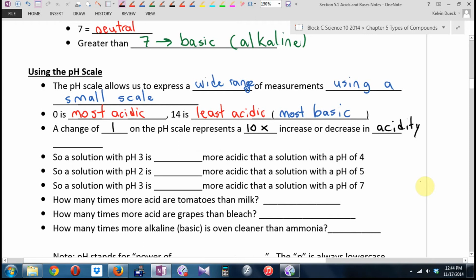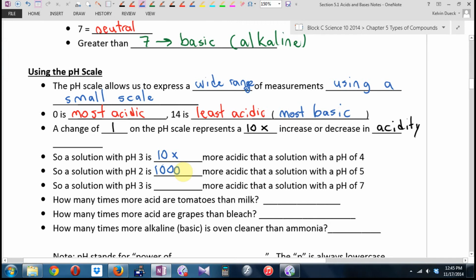So, a solution with pH 3 is how many times more acidic than a solution with a pH of 4? 10 times. A solution of pH 2 is how many times more acidic than a solution with a pH of 5? How far apart are 2 and 5? 1, 2, 3, 1,000 times. Every bump by 1 is another power of 10.